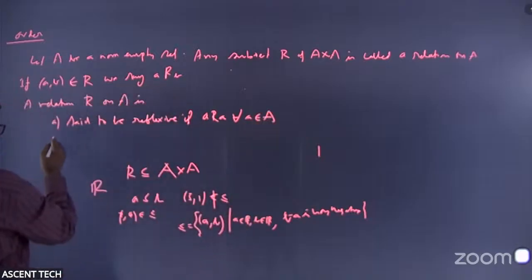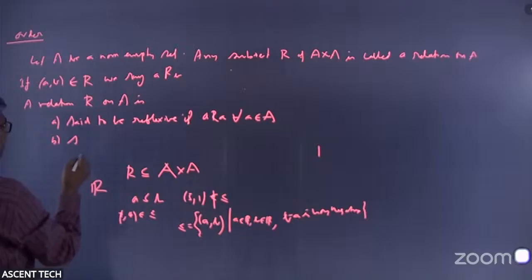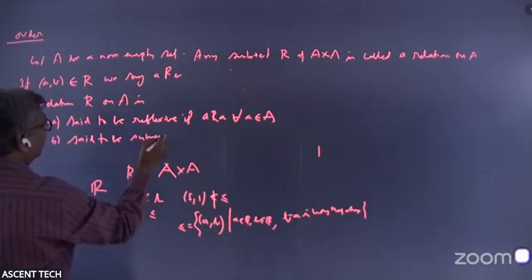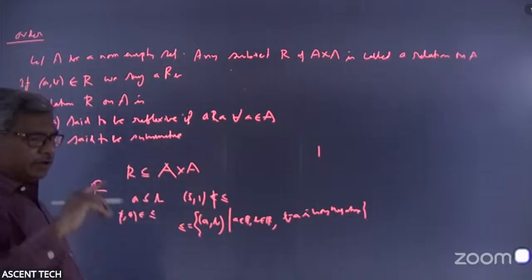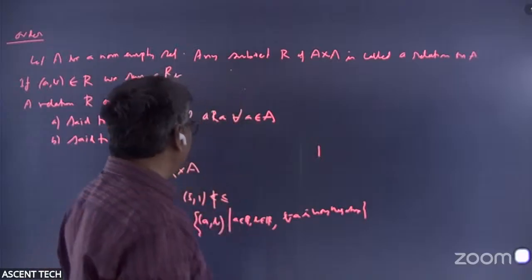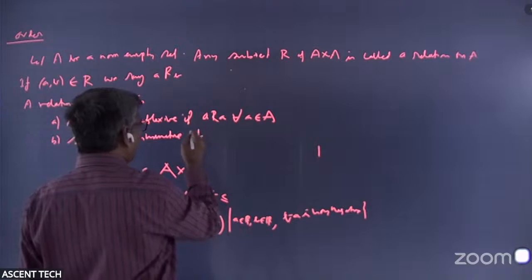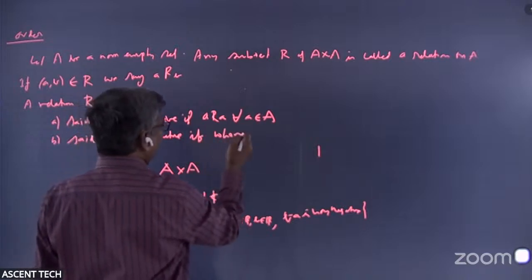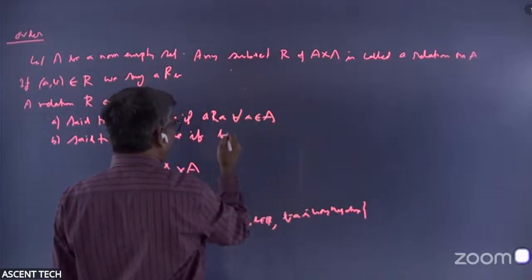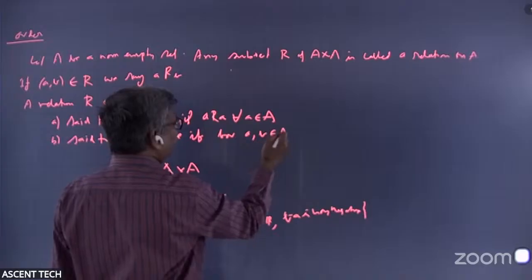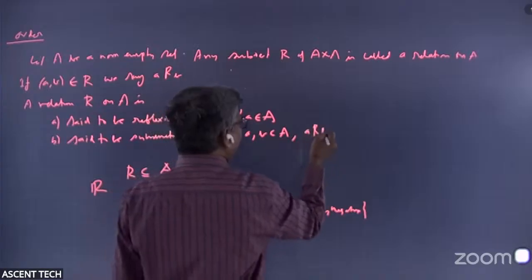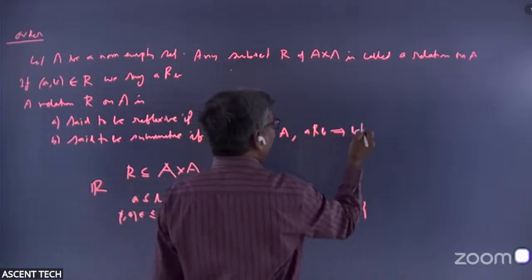It's said to be symmetric only when, whenever (a, b) is there, then you ask for (b, a). If (a, b) is not there, don't bother looking for (b, a). That is, for a, b in A, aRb implies bRa.